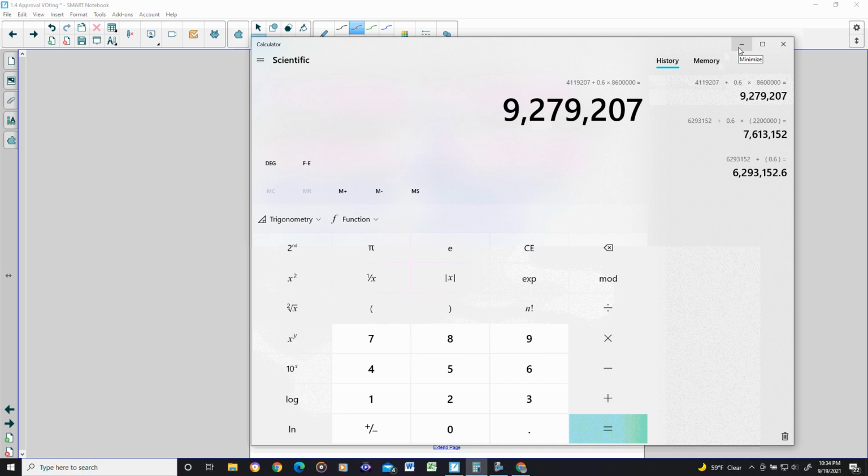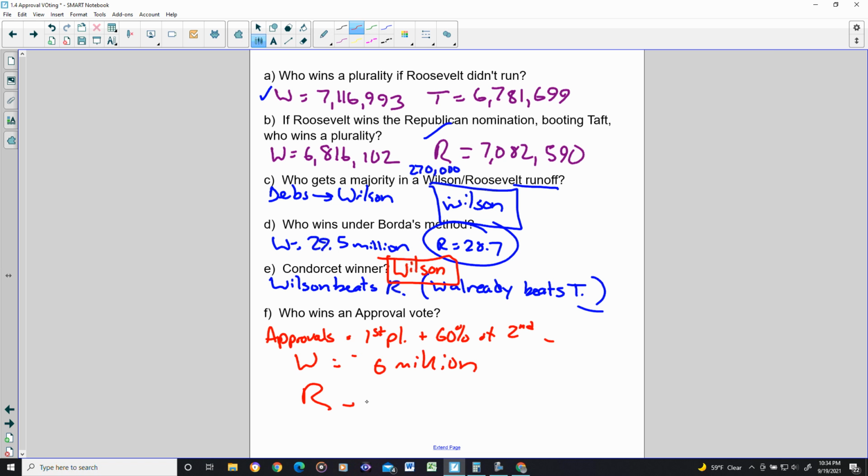So he's going to blow this count right out of the water. So over 9 million. And you can do the math and get some better numbers in that way. But essentially, yeah, he's going to get way more votes because of all those second place votes that he has. And again, that makes sense.